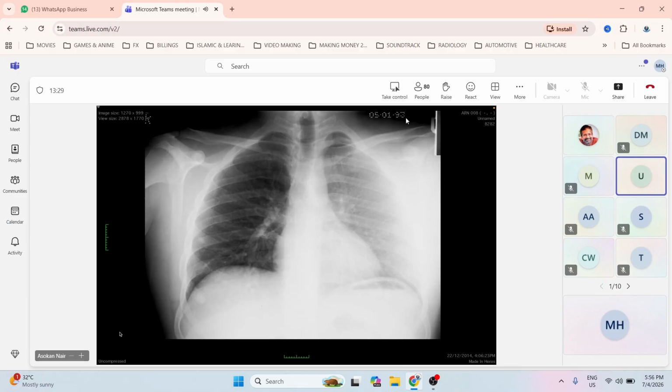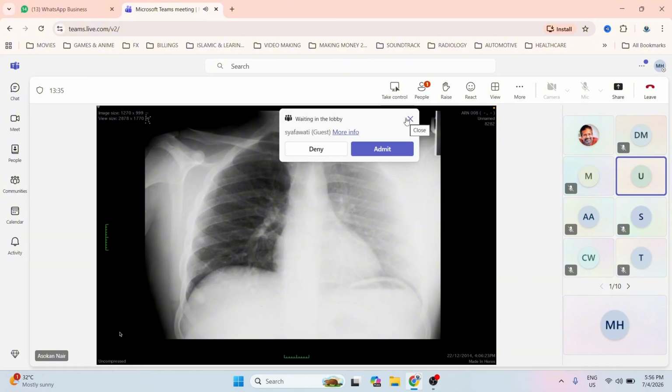From this, the soft tissue with the obscuration of the left scapula could be an aggressive bone lesion with soft tissue component and lung metastasis. So what possible tumor is that?